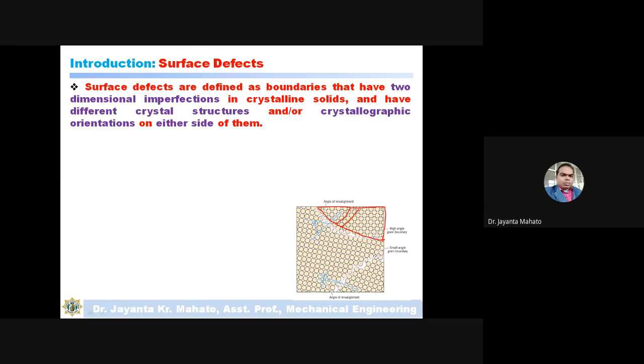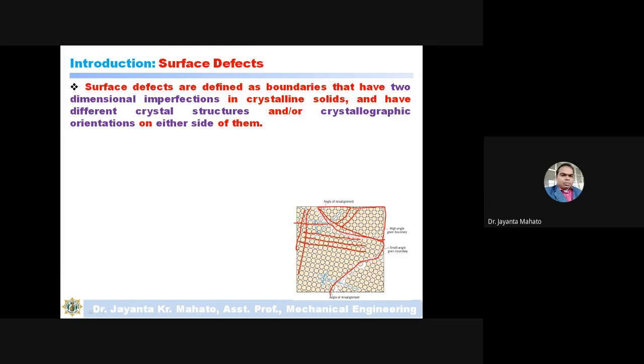And within these boundaries, atoms are arranged like this way, and along this way. So if you draw the center lines, then like this way.